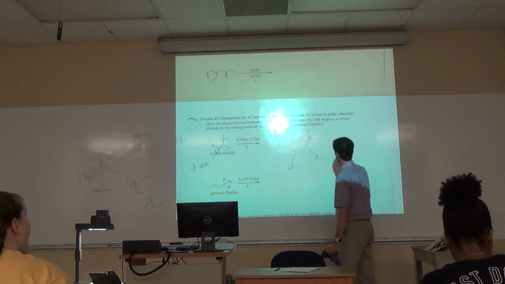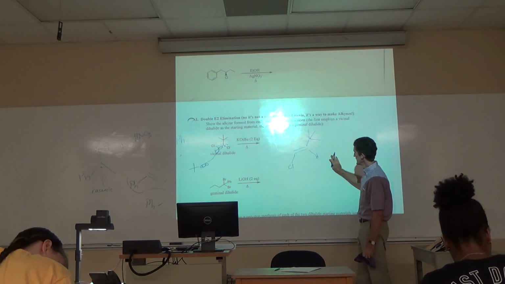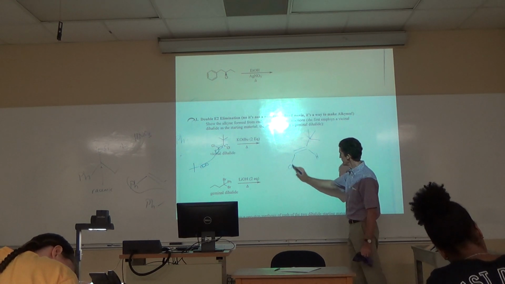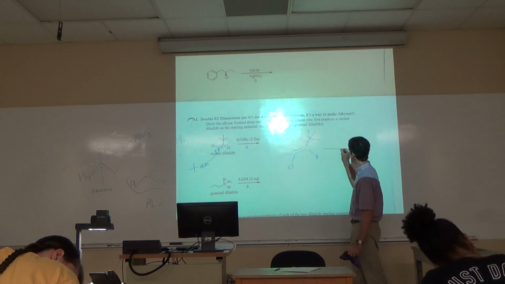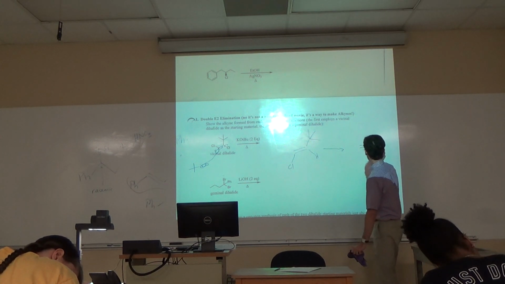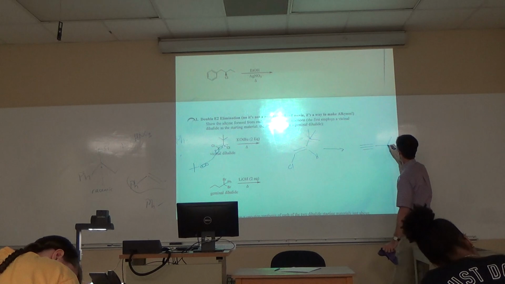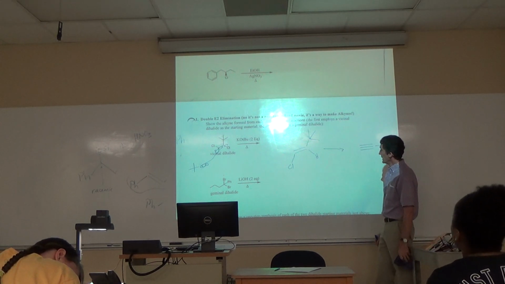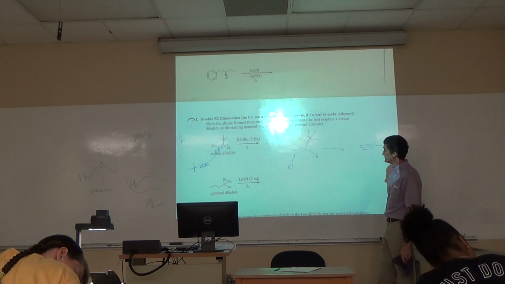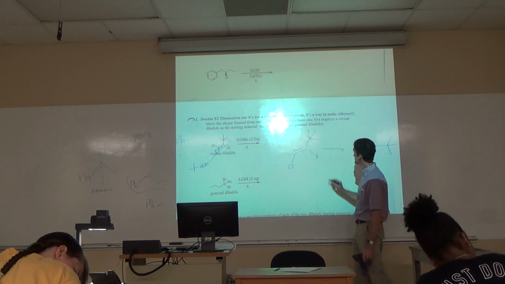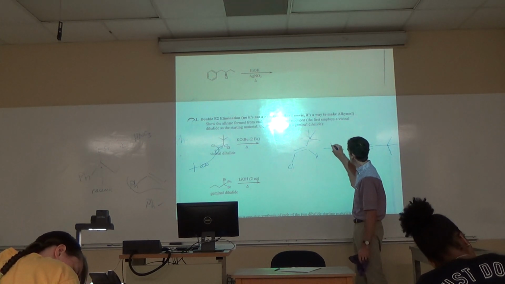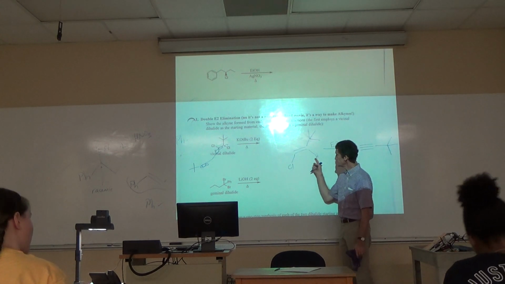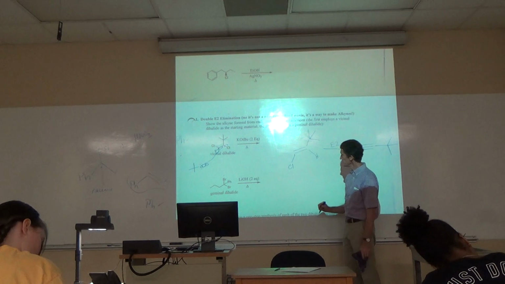We got an H here. And if we eliminate HCl here again, we'll get a triple bond. Do elimination again. Remove HCl again, put in another pi bond here.